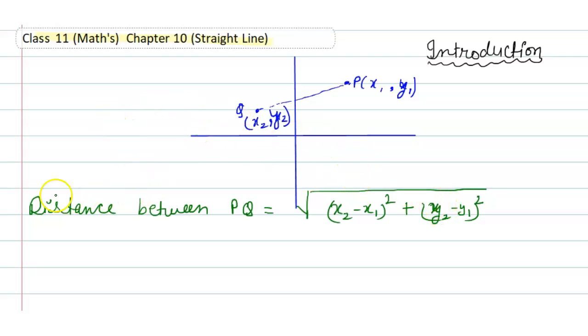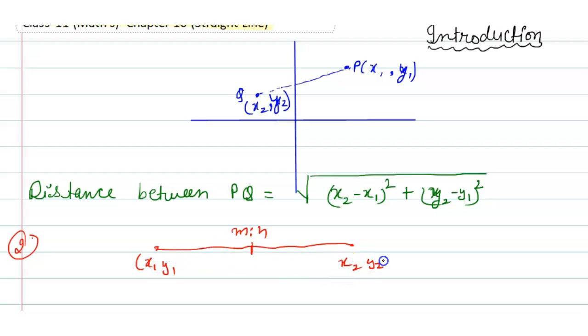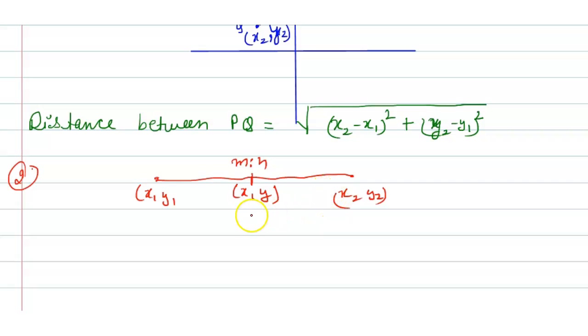Next, second: if a line is cut in the ratio m:n, and here a point is x1, y1 and here is x2, y2, then find these coordinates. We need to find the coordinate which cuts in the ratio m:n.